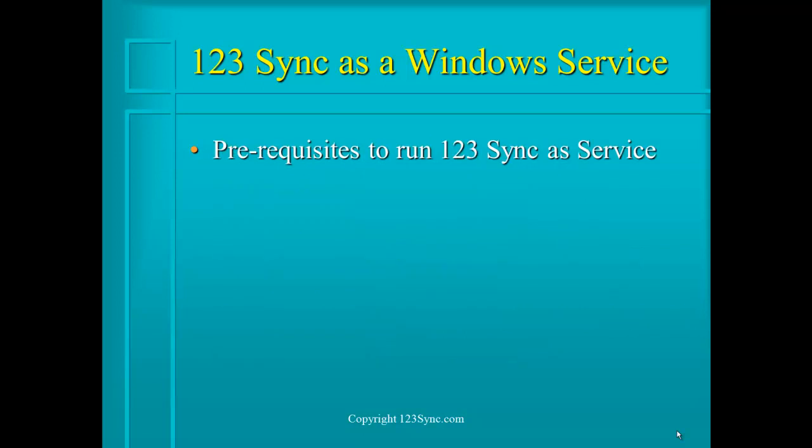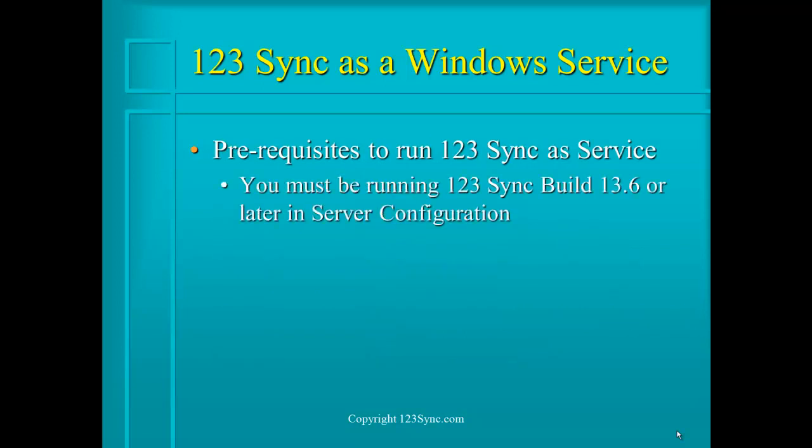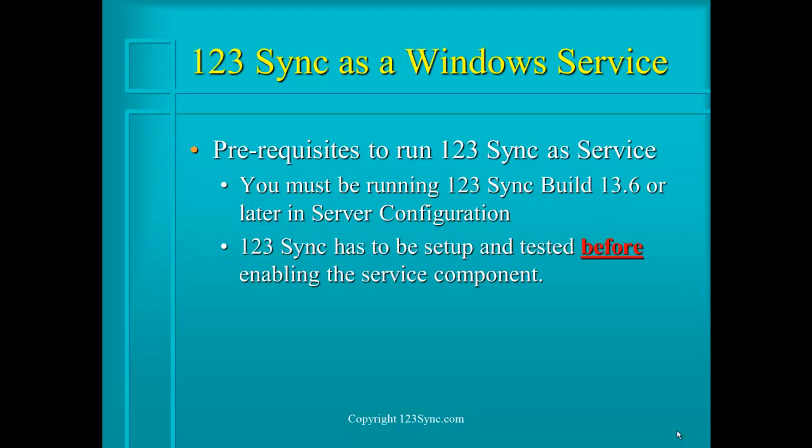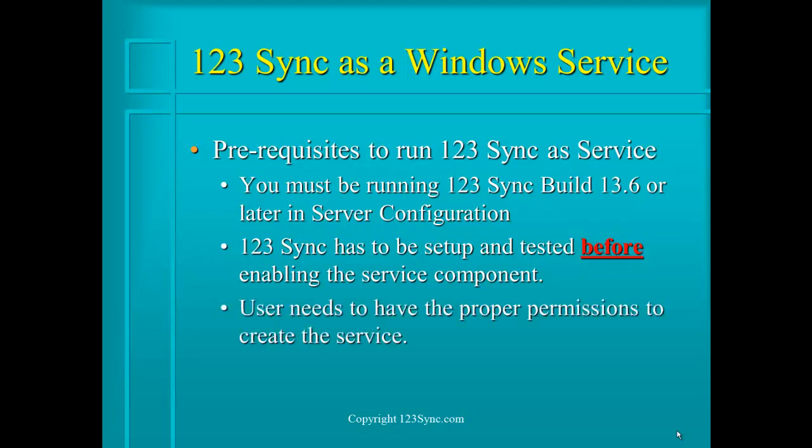The prerequisites to run 123 Synchronizer as a service are that you have to be running build 13.6 or later in server configuration. This add-on or extension will not work on a client configuration of 123 Synchronizer. 123 Sync has to be set up and tested before you set it up as a Windows service.